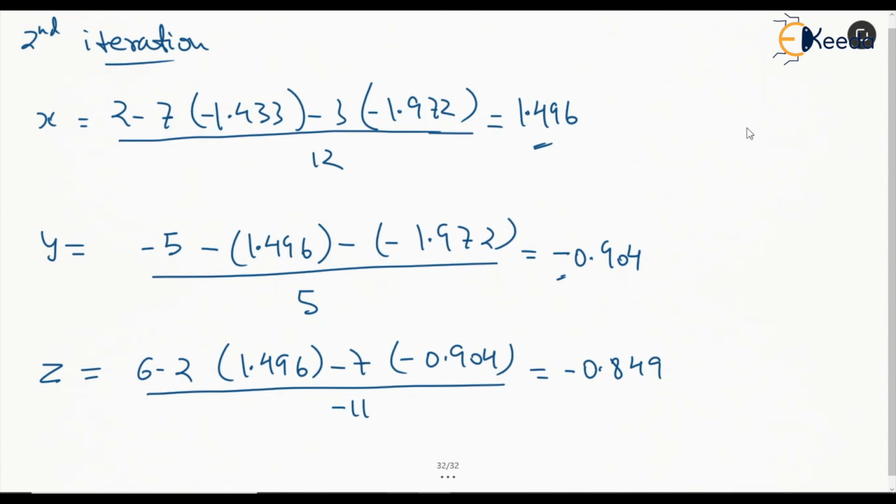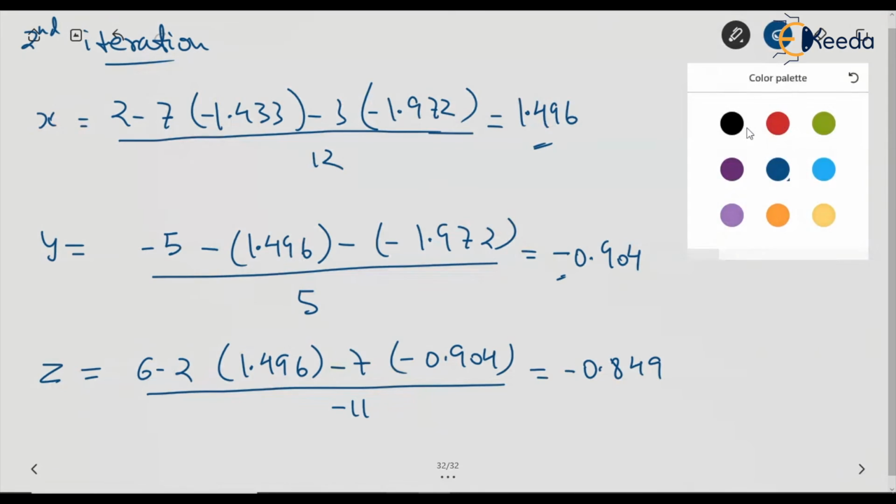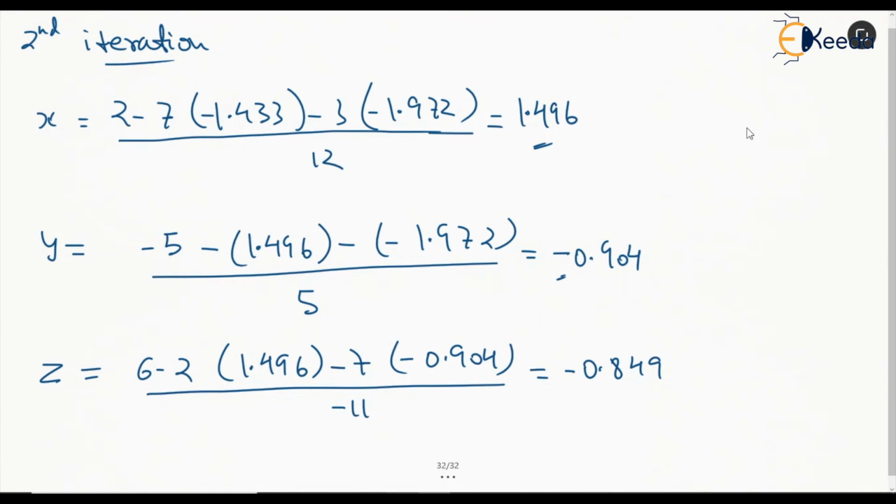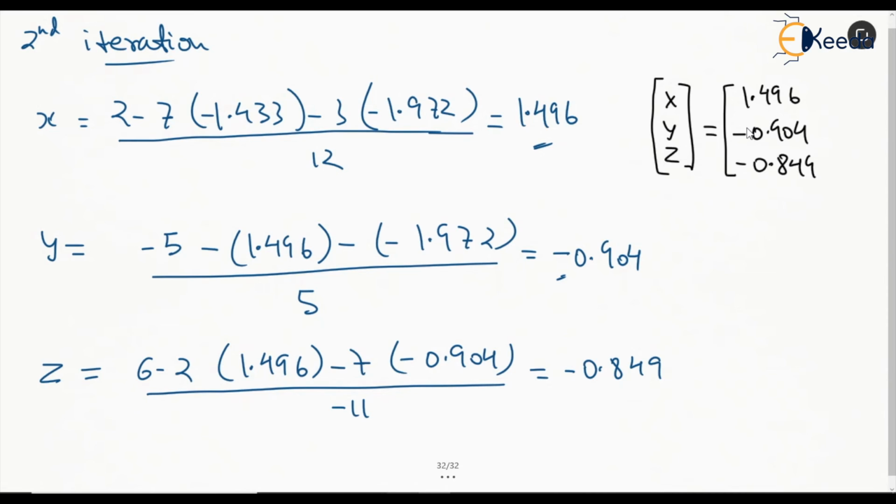So this is what we are getting after second iteration, and this is what they are asking. So this x, y and z will be 1.496, minus 0.904, minus 0.849.